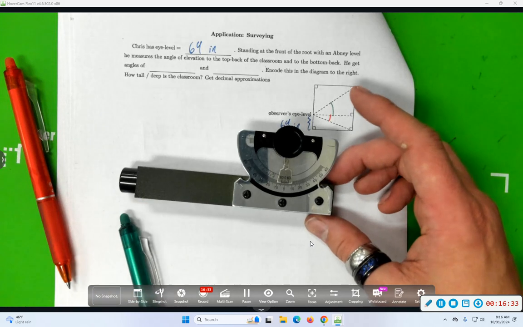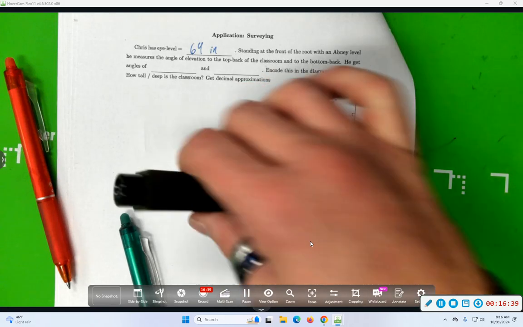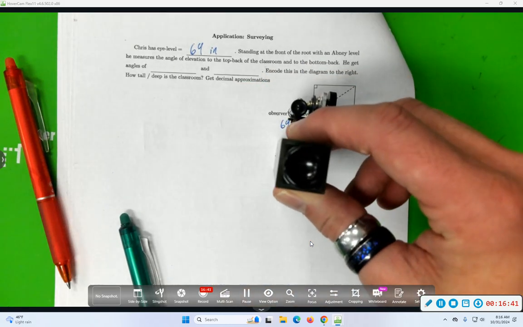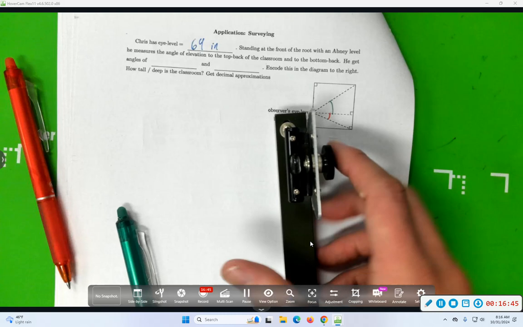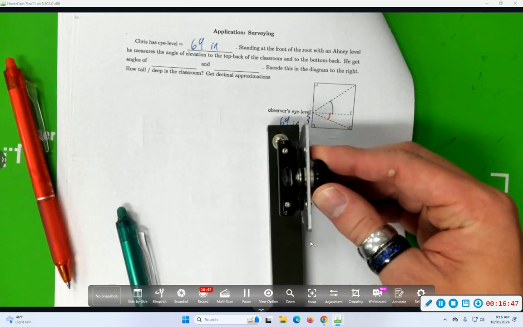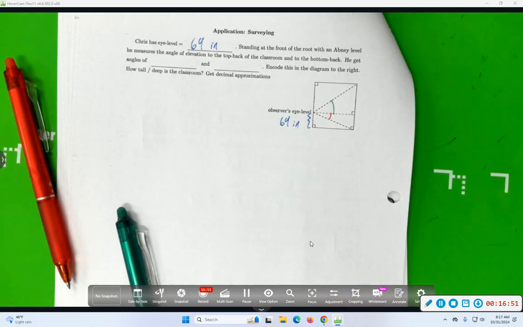Generally, when you're doing a real world problem, you want to use degrees, or I guess gradients are friendly enough too. It's got a looking tube down there. That looking tube has a mirror in the middle of it, from which you can see a leveling bubble on top. So, I'm going to use this to measure some angles of elevation and decline.